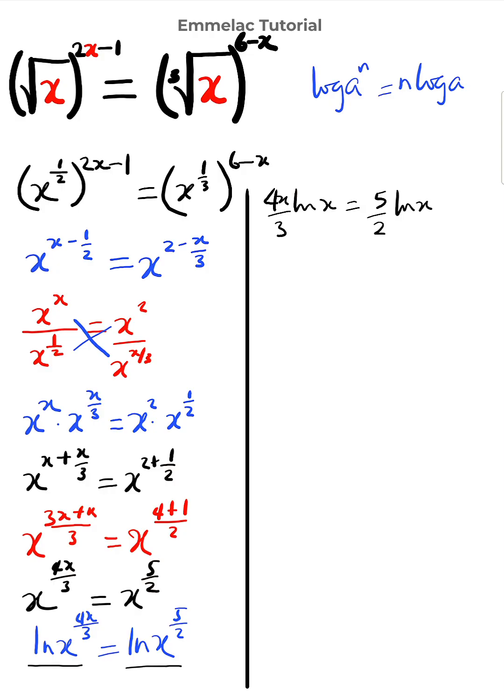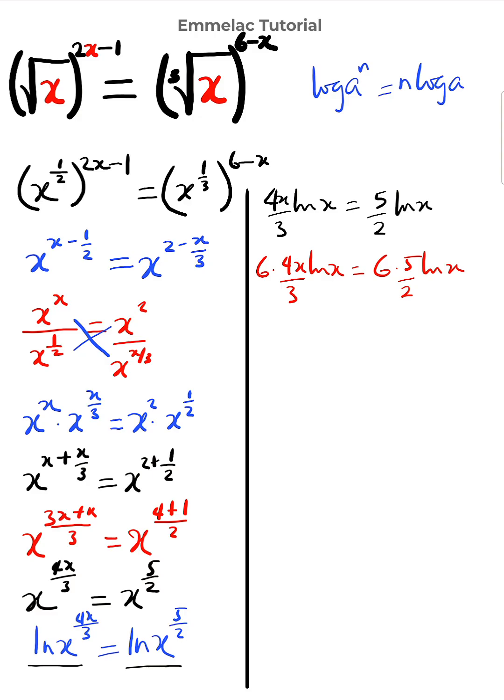Okay, so all we just need to do to ensure that we clear the fraction is to multiply both sides of the equation by 6. And why am I multiplying by 6? Because I know 3 times 2 is 6. So by doing that, I have 6 here, then times 4x all over 3 ln x, then equals 6 also here, times 5 all over 2 ln x.